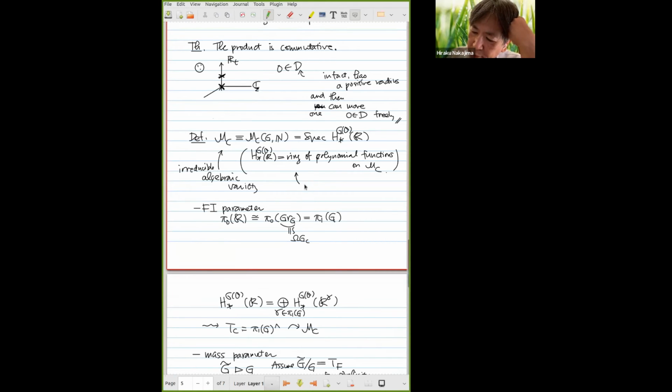If you compute the Poincaré polynomial, this is a graded ring, graded by homological degree. And this homological degree plays the role of an extra C* action, which I don't talk about today. But anyway, the monopole formula is a Hilbert series for this C* action, and this C* action corresponds to homological degree. And the monopole formula is related to the Poincaré polynomial of this.